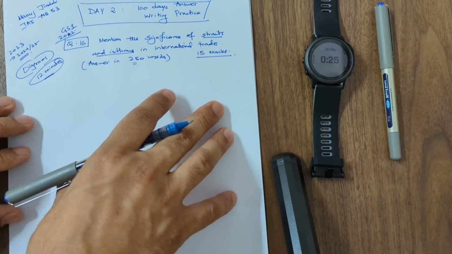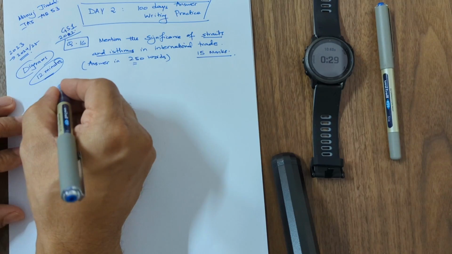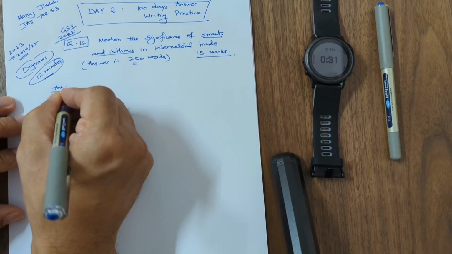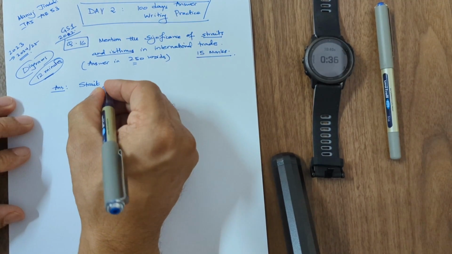All right, so number one thing is, define the main keywords. I will define what straits and isthmus are, because that is the basic part of this question.